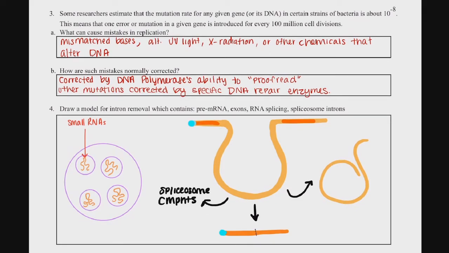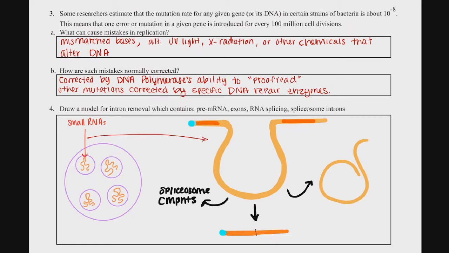So this is draw a model for intron removal, which contains pre-mRNA, exons, RNA splicing, spliceosome, introns. So here's something that'll probably help answer your question that you had earlier. These small RNAs are what is also drawn over here.